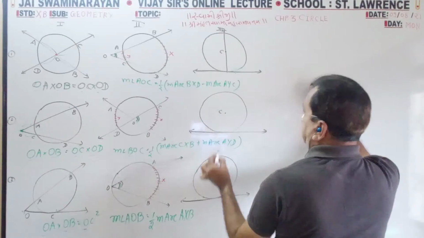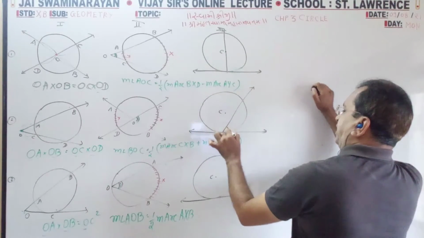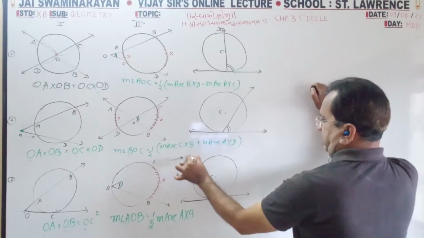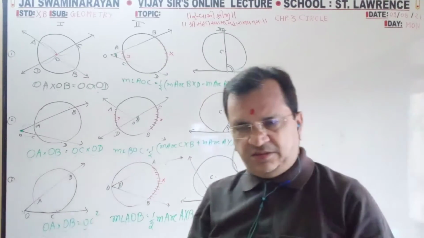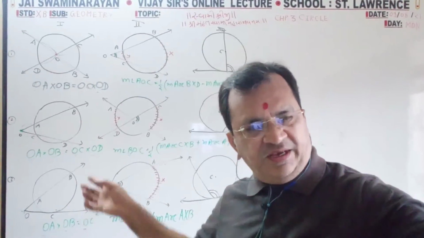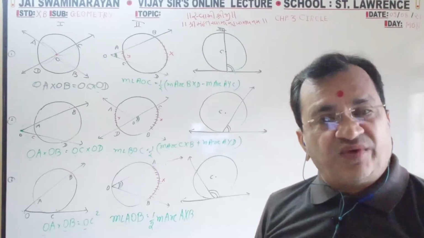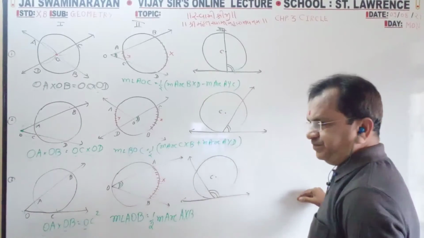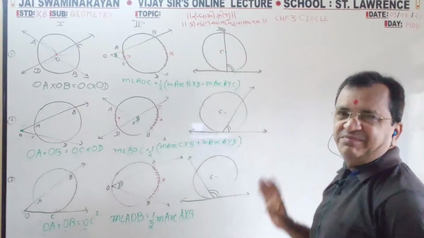This is C, this is C. Passing through the center, then it is making an acute angle. Then it is making an obtuse angle. Segment wise, there are three cases. Angle wise, there are three cases. Tangent and segment wise, there are three cases. All are tangent. Second, passing through the center, means exactly making 90 degrees.